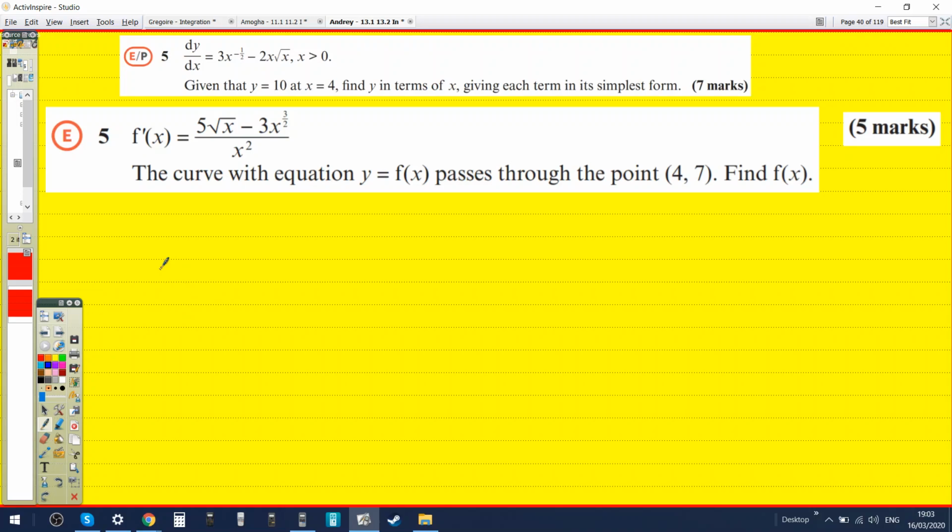Would that just be 5 root x minus 3x to 3 over 2 times x to the minus 2? Yeah. And then I can just do 5x to the half minus 3x to 3 over 2.